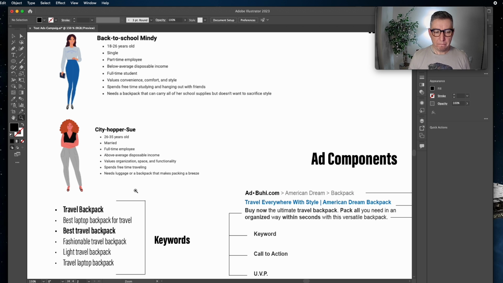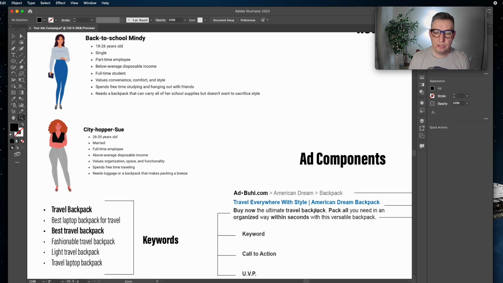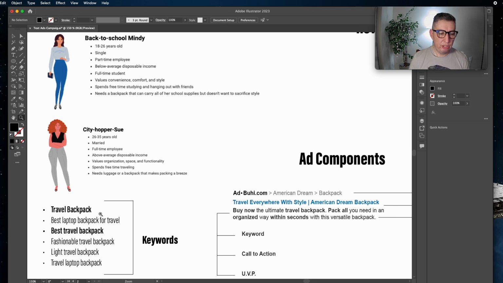So I'm going to try to look for keywords that match those interests, and also I will use this information, this behavior that is being provided here, to create ads that resonate with her interest. Okay, so I'm going to select travel backpack, best travel backpack, fashionable travel backpack as a keyword.